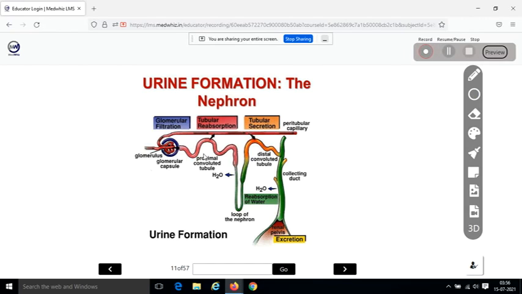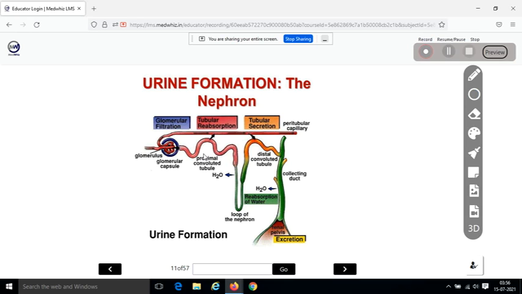As tubule fluid is processed along the length of the proximal tubule, the luminal concentration of the solutes decreases relative to the concentration of inulin, which is an experimental marker that is neither secreted nor absorbed by renal tubules.